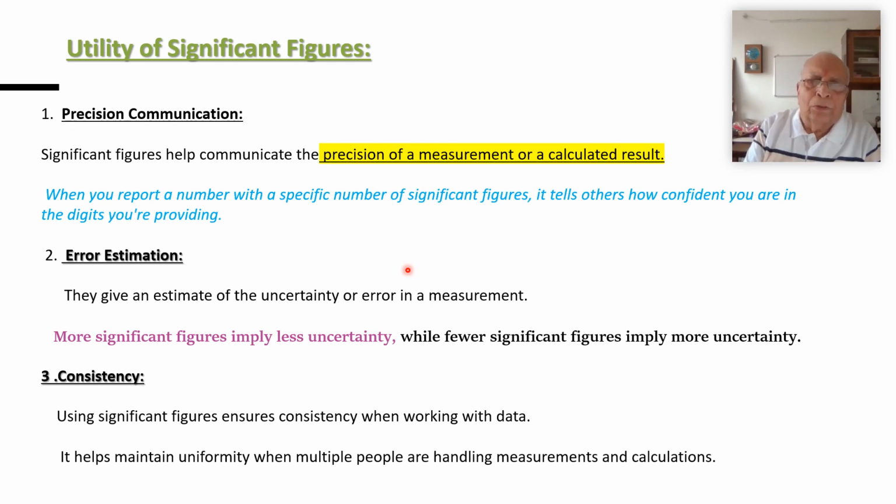But knowing the accurate value and our precision, there might be some error which has crept in, which is normally supposed to be a human error. So what is the percentage error we can calculate? So that's the advantage of significant figures. More significant figures, less uncertainty.